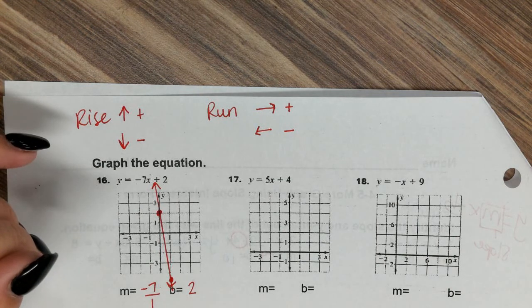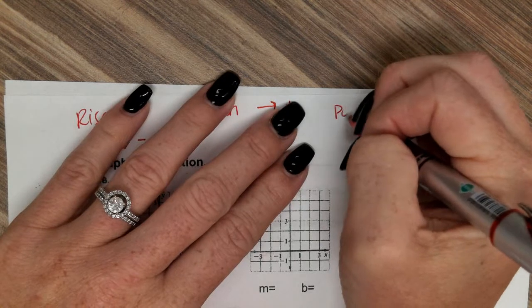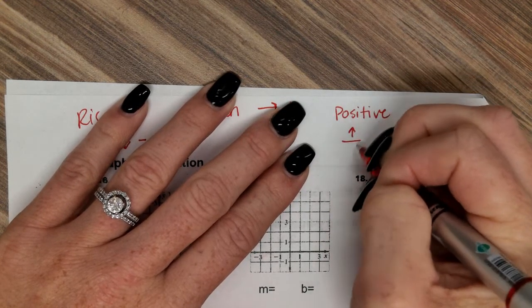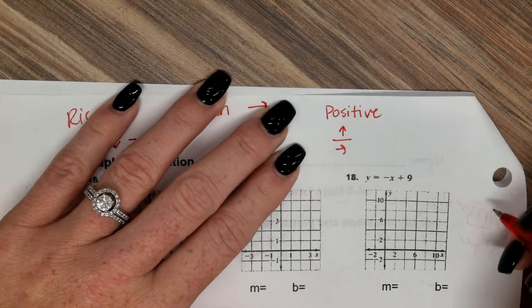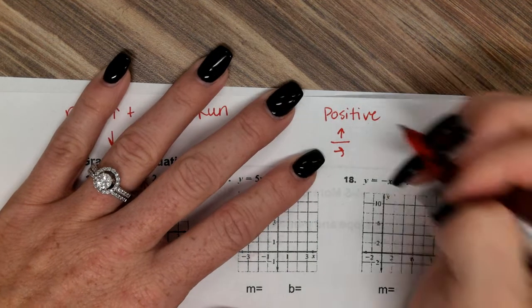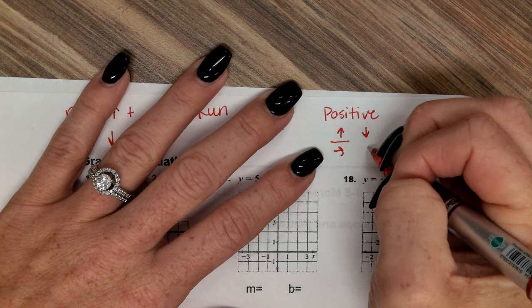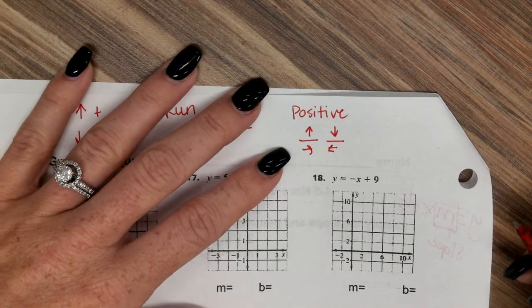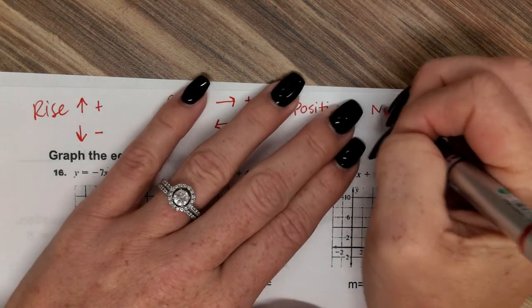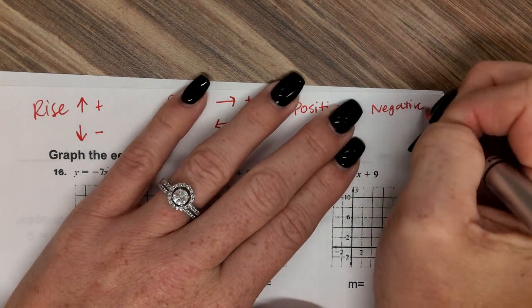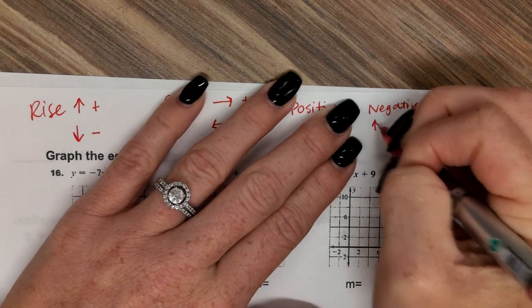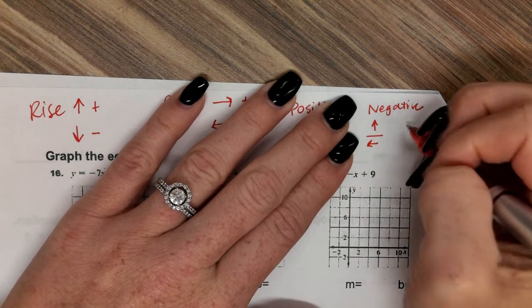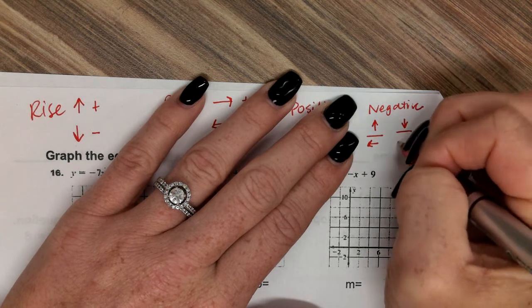If you have a positive slope, you will either rise up and run right, or you can do what? You can go down and left, because 2 negatives make a positive. If I have a negative slope, I can either go up and left, because this is a positive and a negative, or I can go down and what?